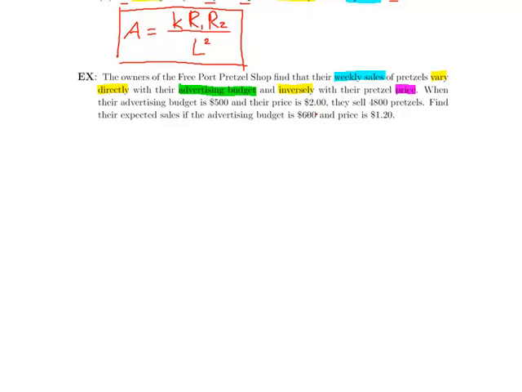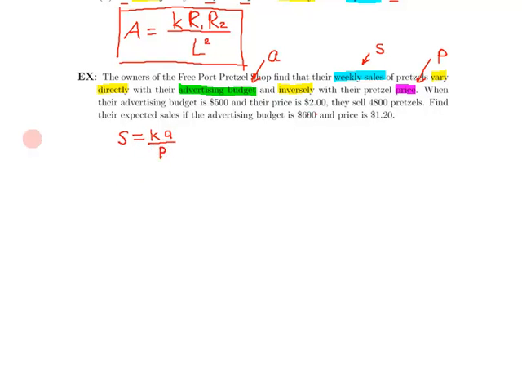So let's label those with some variables. Weekly sales, let's call it S. That's how many pretzels they sell. Let's call their advertising budget A, and let's call their pretzel price P. Now write down the variation equation. Weekly sales vary, so S equals K, directly with their advertising budget, so times A, and inversely with their price.